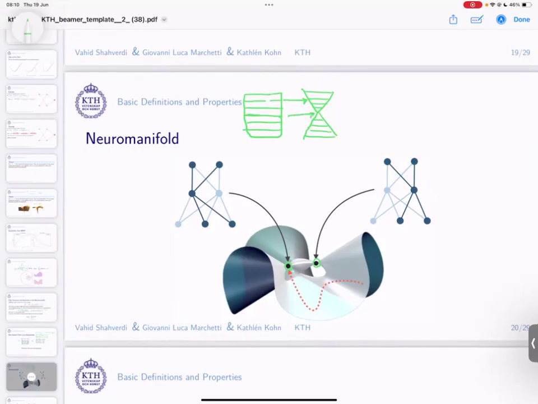So you collapse a positive dimensional thing to one point, and you will get a singularity, just like in here in this cone. So in the MLP, the tuples of weights that correspond to subnetworks are going to give you singularities in your neuromanifold.